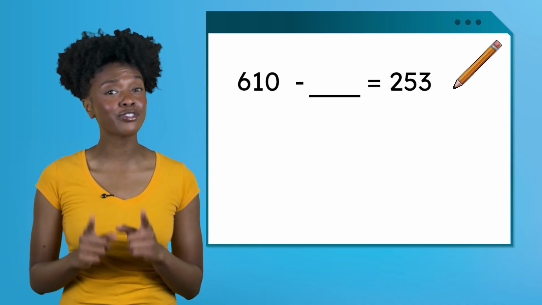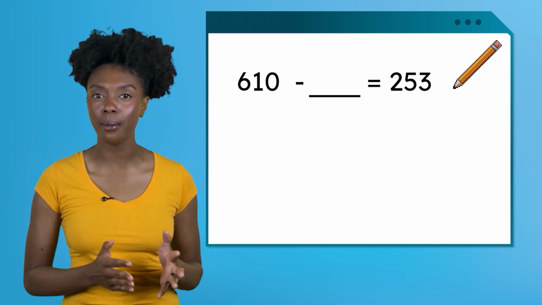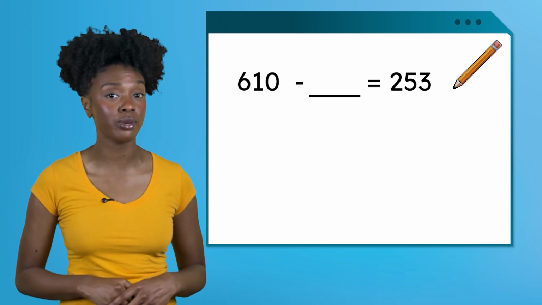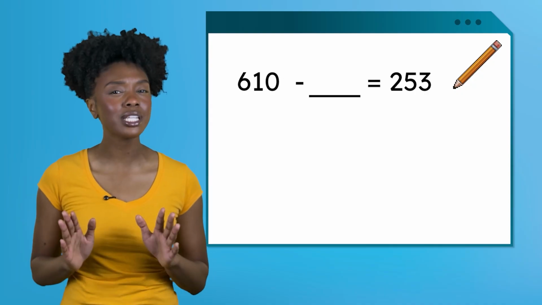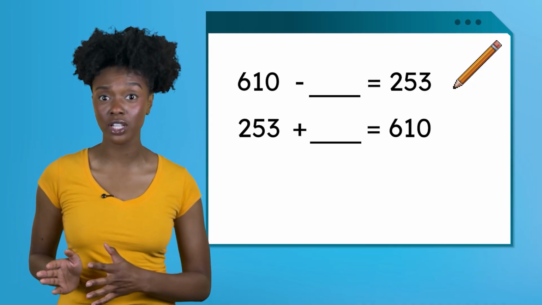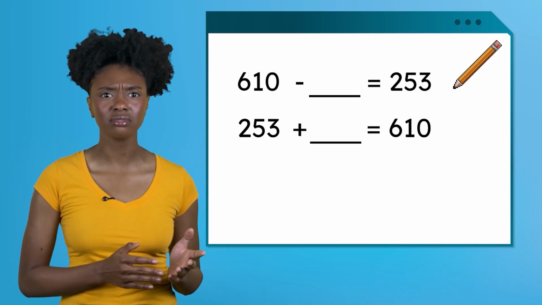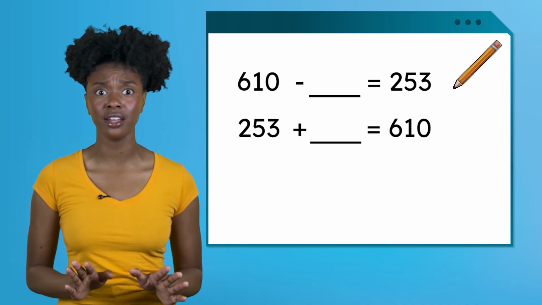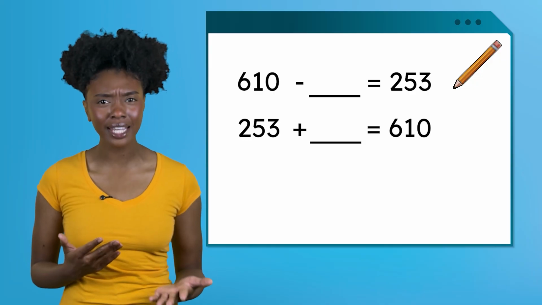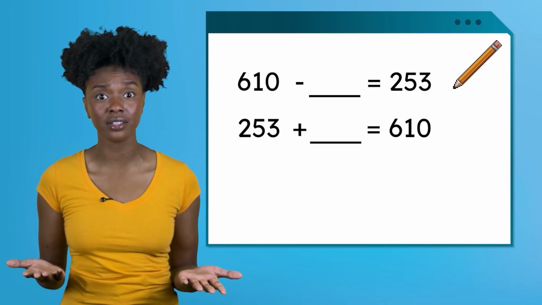Now, what about subtraction? This first subtraction example is 610 minus a number equals 253. If we use inverse operations, we can write this as 253 plus, oh no, this one is a little tricky. That still leaves the blank in the middle of the problem, which doesn't help us figure it out any faster.